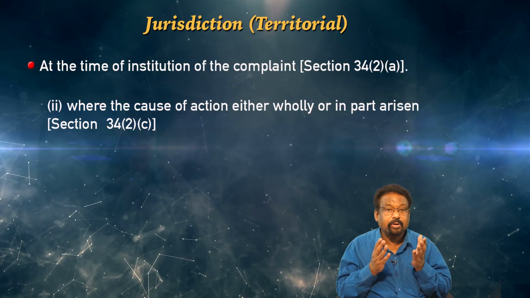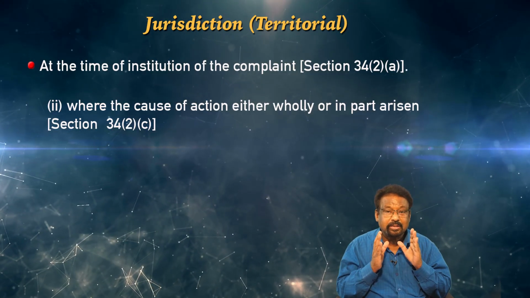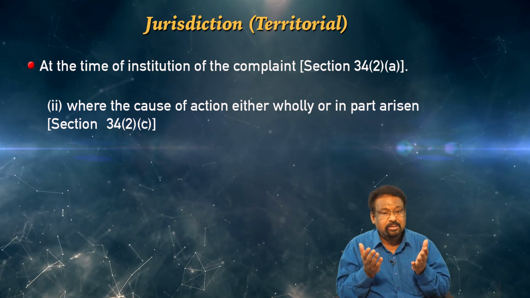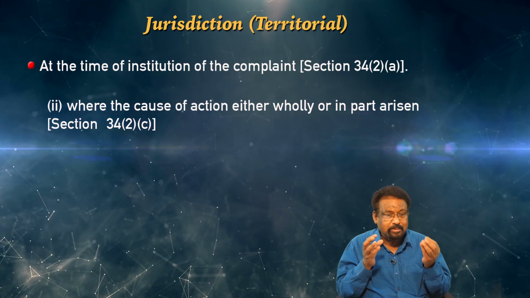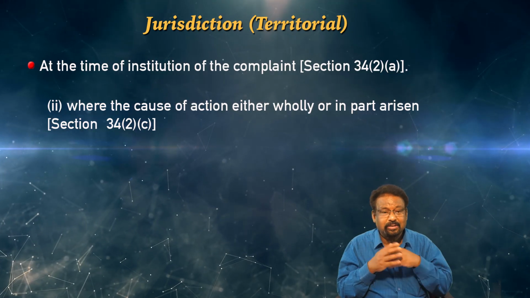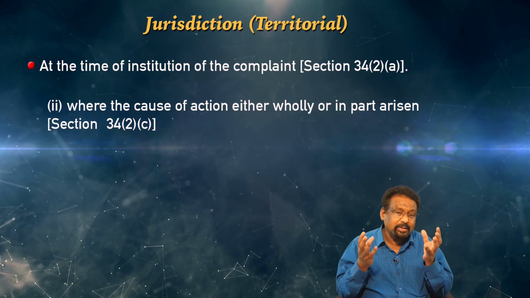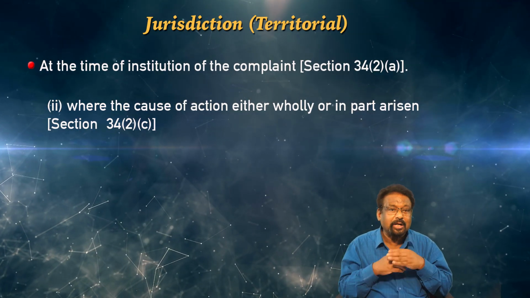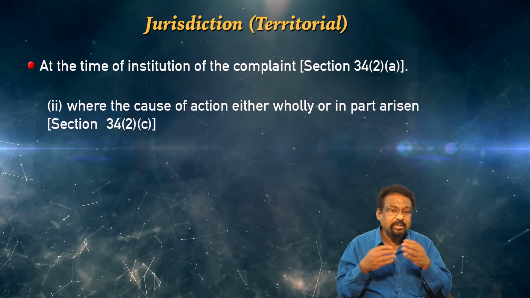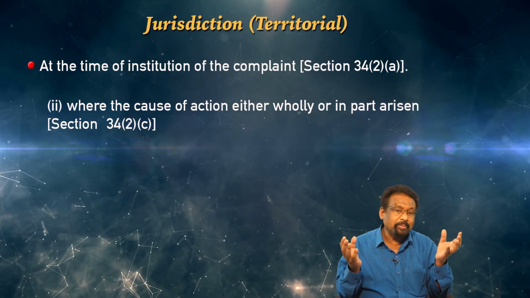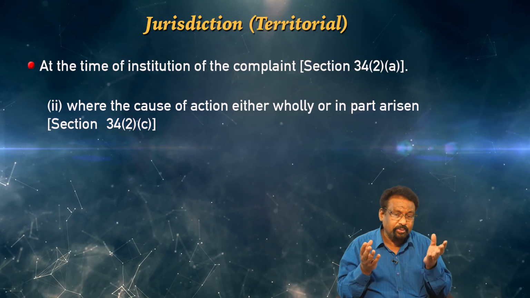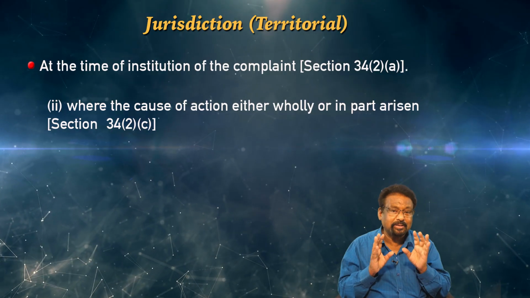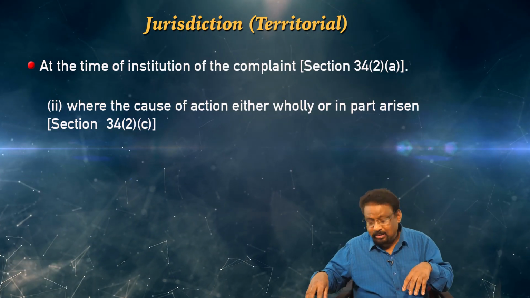The second requirement is where the cause of action arises wholly or in part. The cause of action means, for instance, where the purchase was made. Or suppose a vehicle is carrying goods from one part of the country to another, and due to some unknown circumstance, an accident or fire takes place and the goods perish.